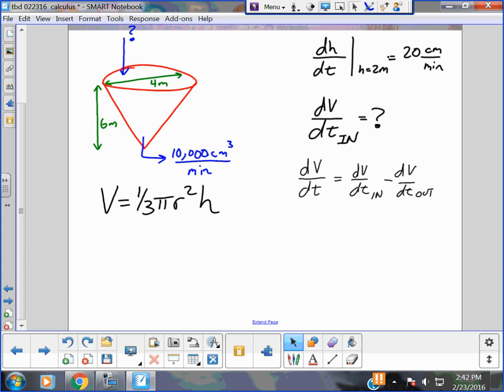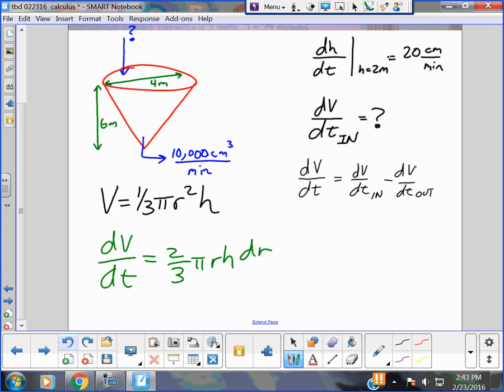All right. The big problem I see with you guys is, listen, if you take the derivative of this right now, I want to be clear that this is a product rule. It's r squared times h. And if you take the derivative right now, and you can if you know all the variables, I'll take respect to r first. You get r squared is 2r.